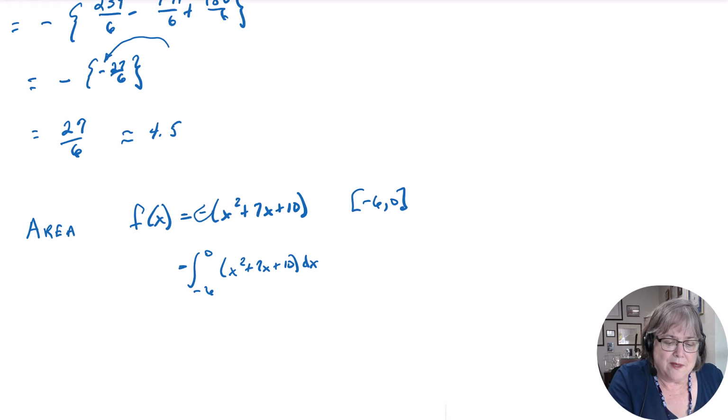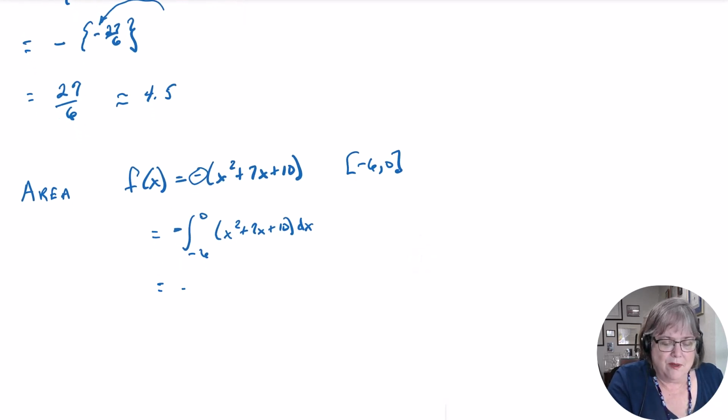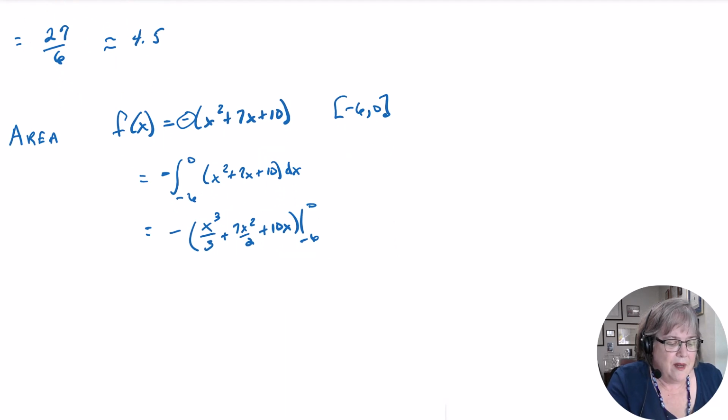So I'm going to pull this negative out, right? And when you do this, you would still have your x cubed over 3, 7x squared over 2, plus 10x from -6 to 0. And when you do the math on this, you would still have that negative. You would still put the 0 in.